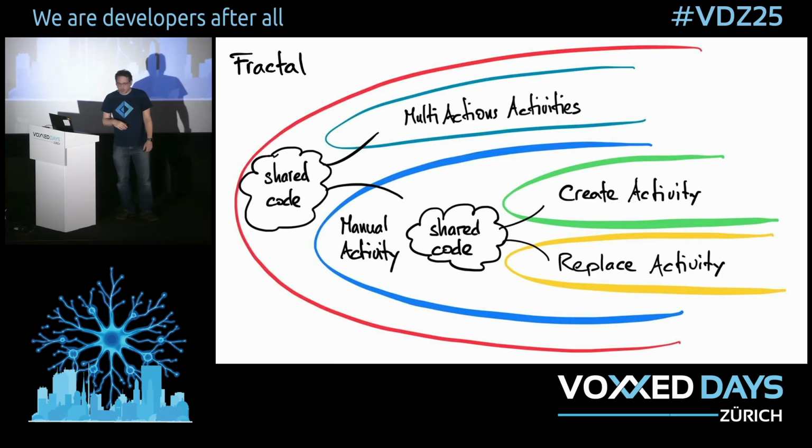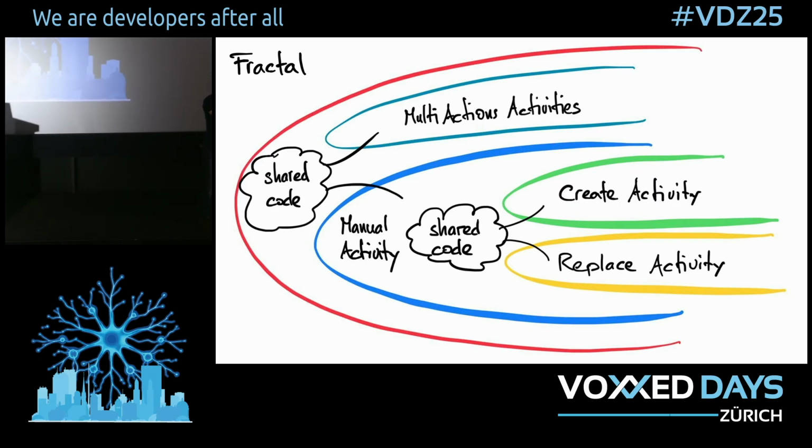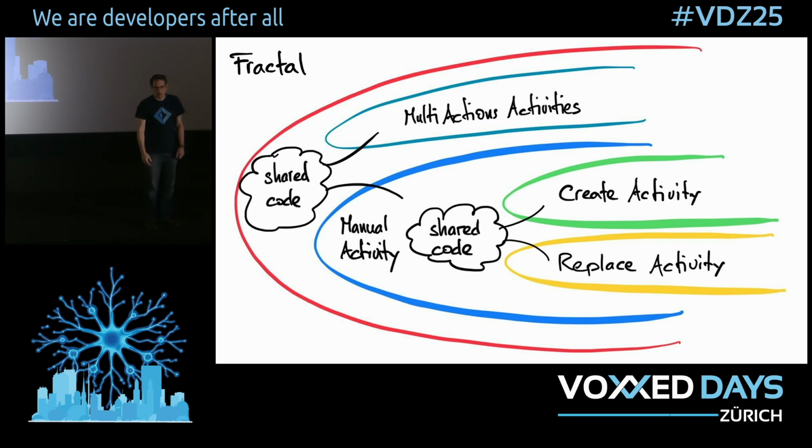So when we look at create activities and replace activities, when they share something, we just put it in the slice one level up, closest to where the code is that it needs the code. And if manual activity and multi-actions share something, okay, we just put the shared code one level up.